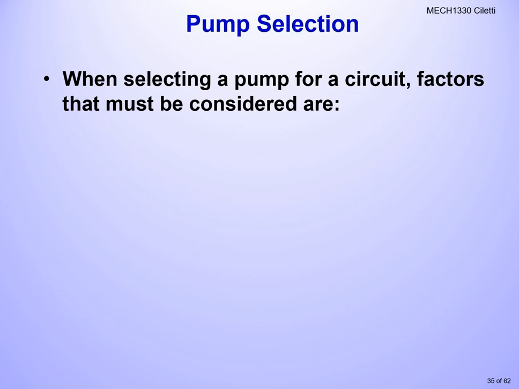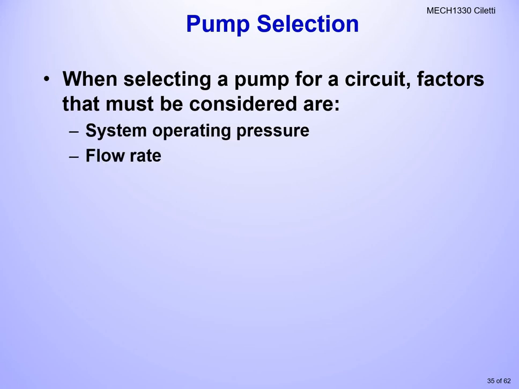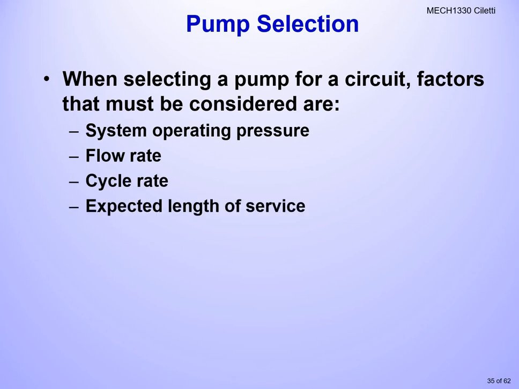Okay, so just like with anything, how do we select what we want? I talked a little before about sizing the right horsepower, things like that. But there are different factors when we want to select pumps. Things you need to consider: the system operating pressure, the flow rate, the cycle rate, and how long you want it to last.